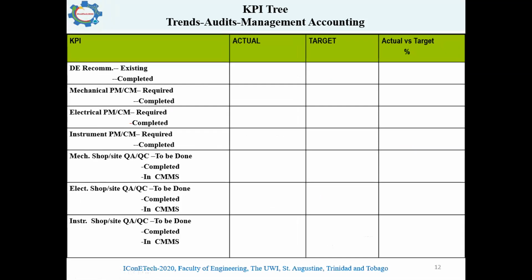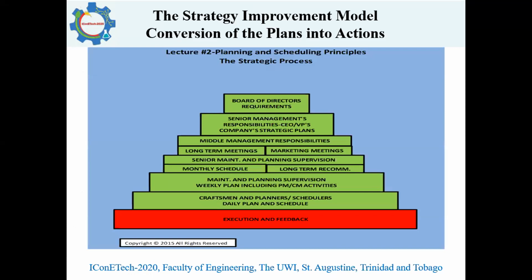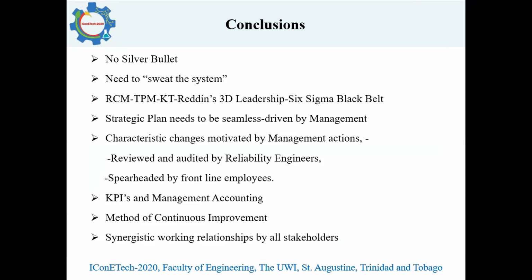So these are really the KPIs that you will follow to look at your trends. And in order to convert the plans into actions, you need to have your strategic plan, which will be converted through the different levels of the organization to your execution. My point to my students is that if, when you execute, it doesn't add value to the strategic plan, then you are not spending your time well.